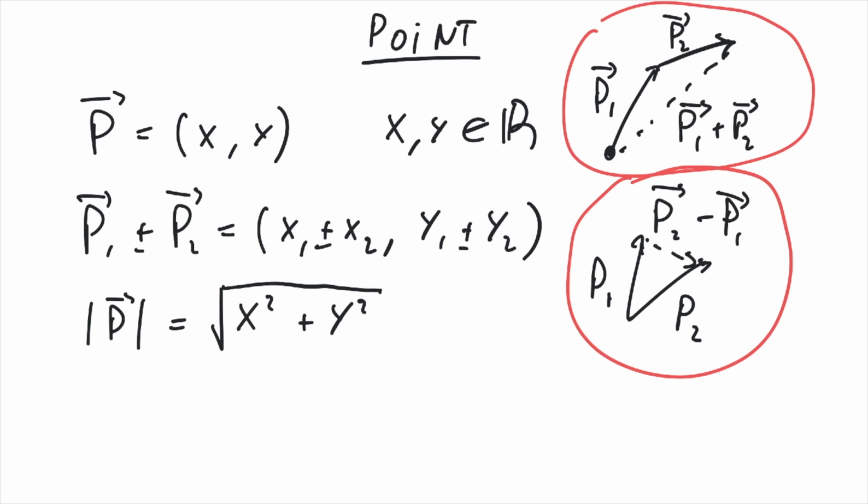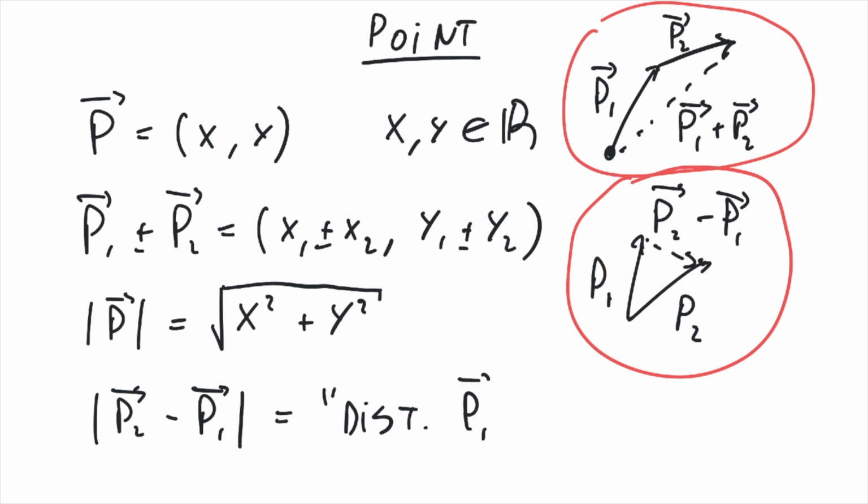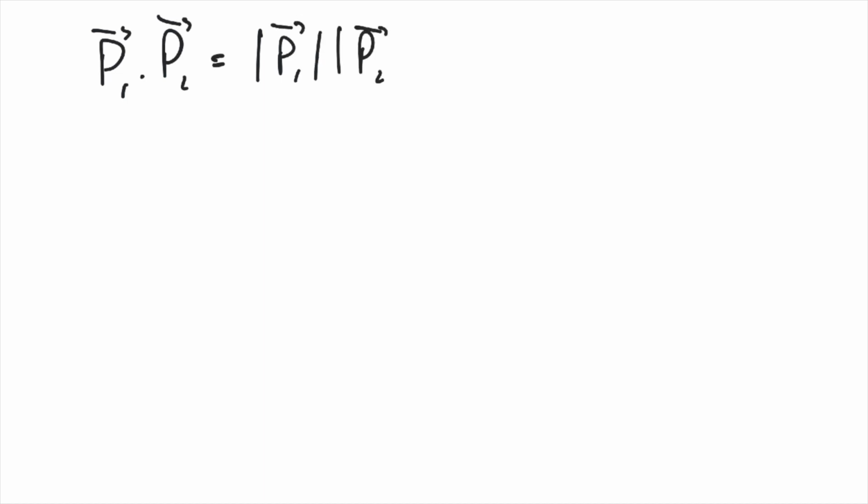For example, the distance between 2 points will be the length of the vector that joins them, the distance between P1 and P2. You can also define scalar products. The scalar product of P1, P2 is the norm of P1, the norm of P2, and the cosine of the angle that they form.